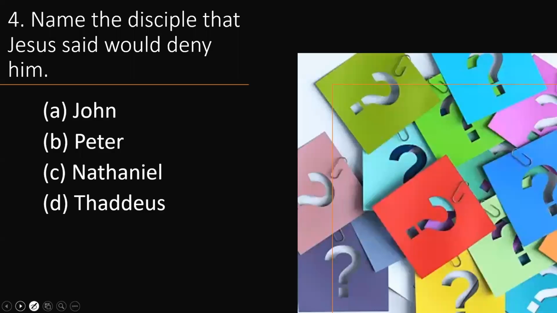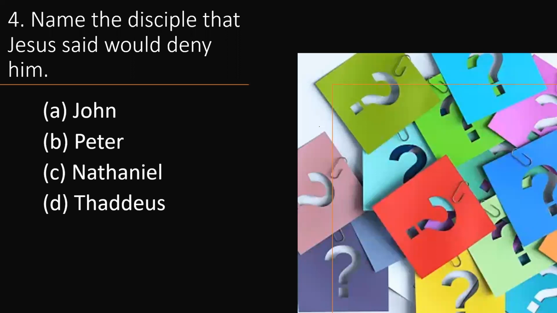Number 4. Name the disciple that Jesus said would deny him. A, John, B, Peter, C, Nathaniel, or D, Thaddeus. Jeremy, why did you pick Peter? Because Peter refused to deny Jesus.